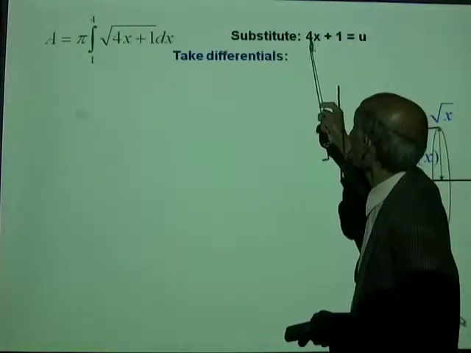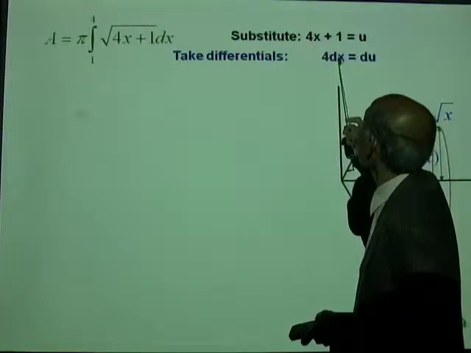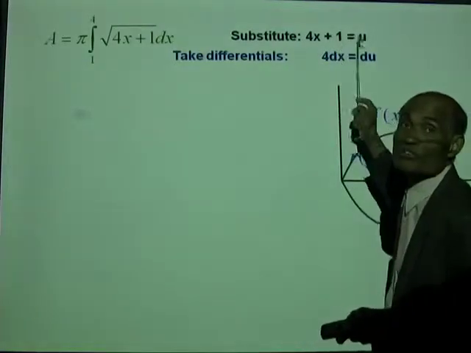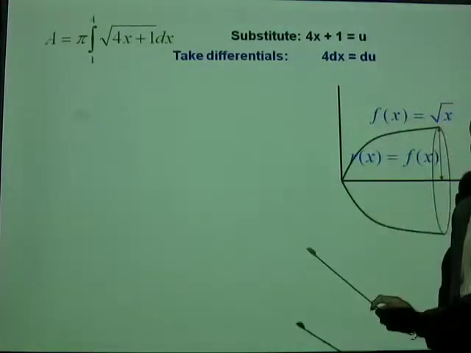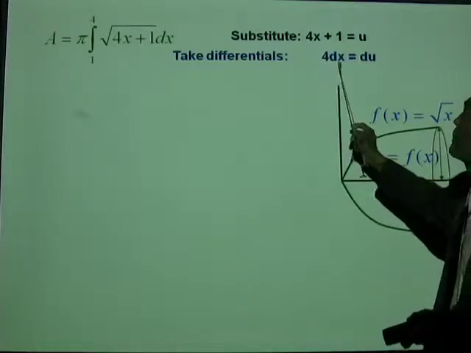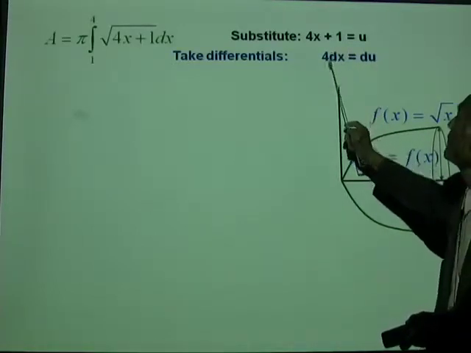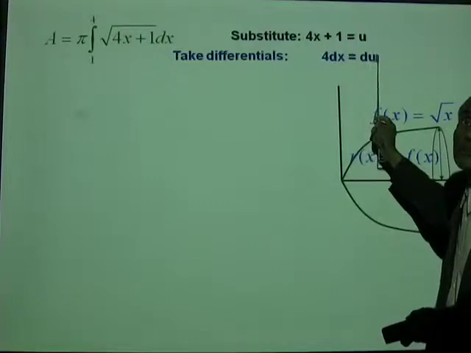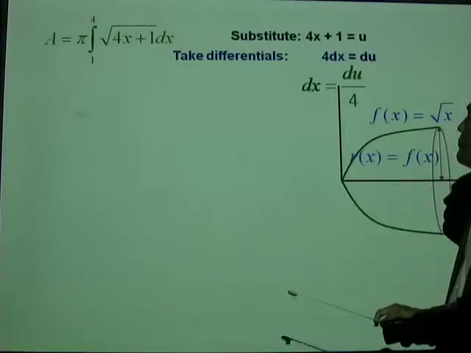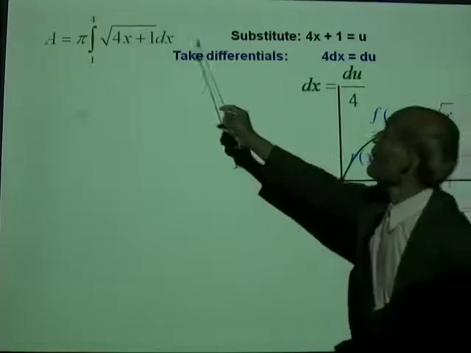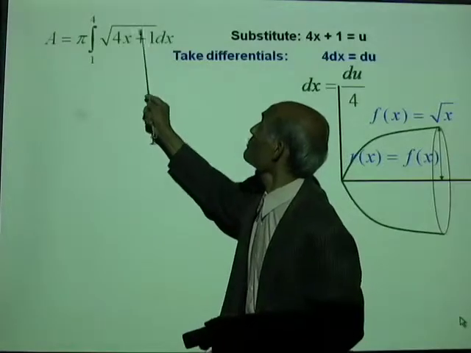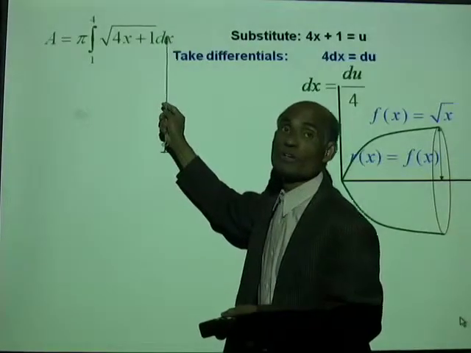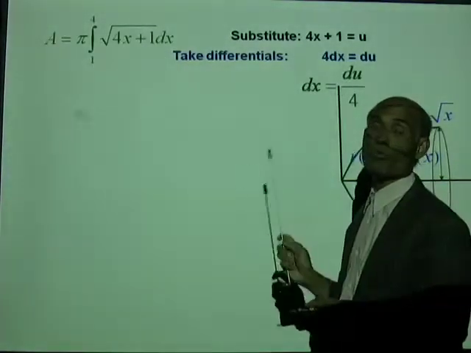Differential of 4x is 4 dx. Differential of 1 is 0, and differential of u is du. 4 dx equal to du, therefore dx equal to du divided by 4. And so when this quantity is replaced by u, dx will be du over 4.